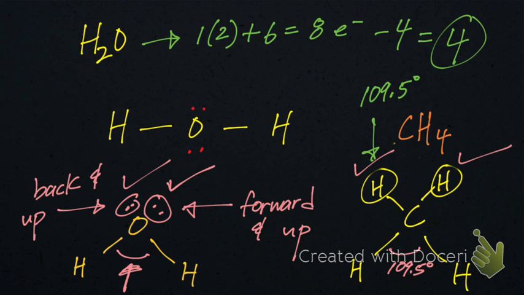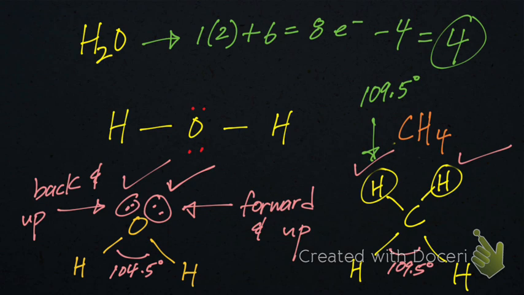Since we have two lone pairs instead of two H's, the bond angle for water is going to be 2.5 less than 109.5, and then another 2.5 less than that. So 2.5 less is 107, and then 2.5 further is 104.5.